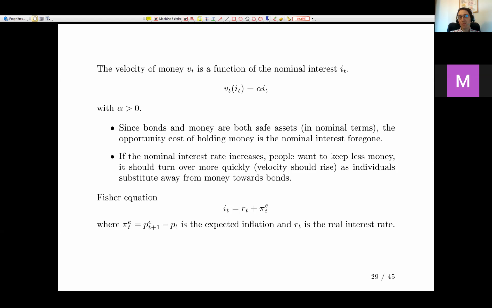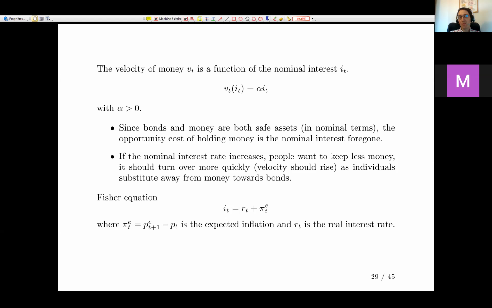All right. And this nominal interest rate is actually the combination of two things: the real interest rate and the expected inflation. Why is it the case? Of course, the nominal interest rate is what the bank decides it's going to give you for your loan, but the bank doesn't decide this at random.